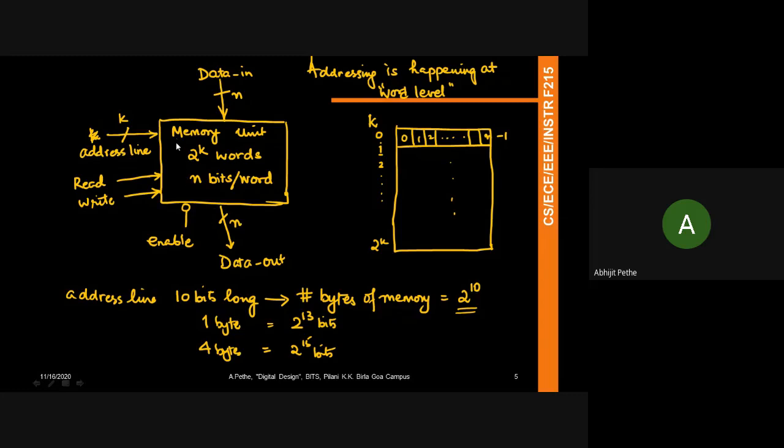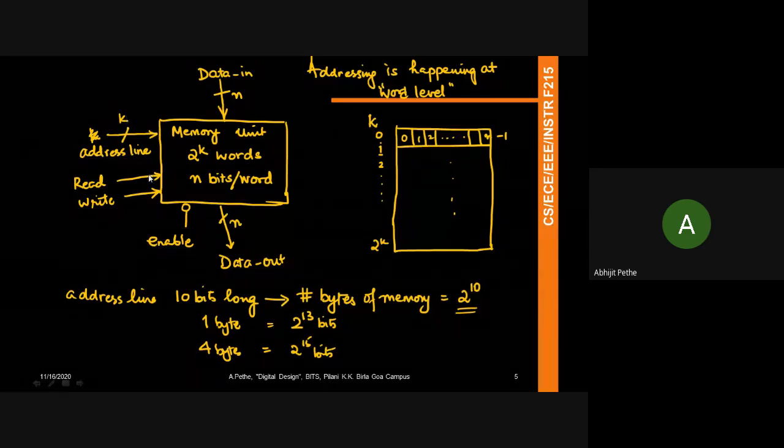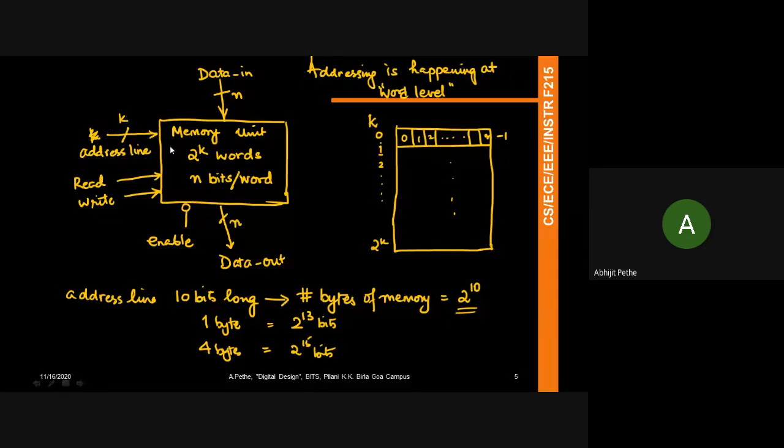So again, go back to the concepts of setup time and hold time in the flip-flop, right? Same thing. You want this address line to settle down to its value before you enable the read. And once the read is enabled, you don't want this address line to change. You want it to remain constant during the read process. It will take some finite combinatorial time once the read signal is given for the data to appear at data out, right?